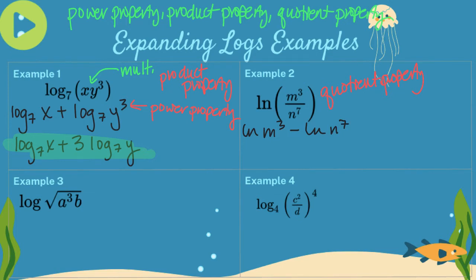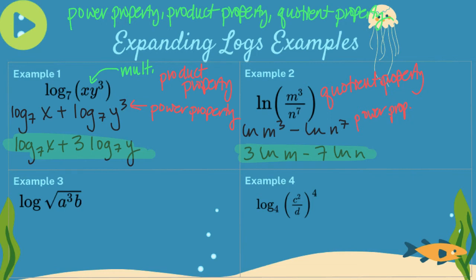The next thing I notice are those exponents of 3 and 7. So I can use the power property to bring those out front. So this would become 3 natural log m minus 7 natural log n. And that is all I can do to expand that one.